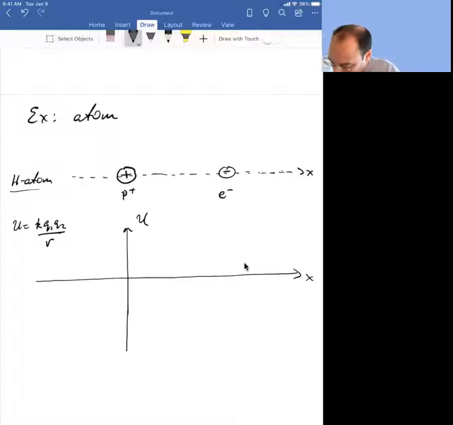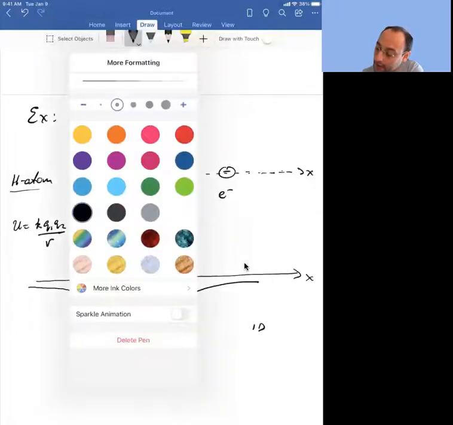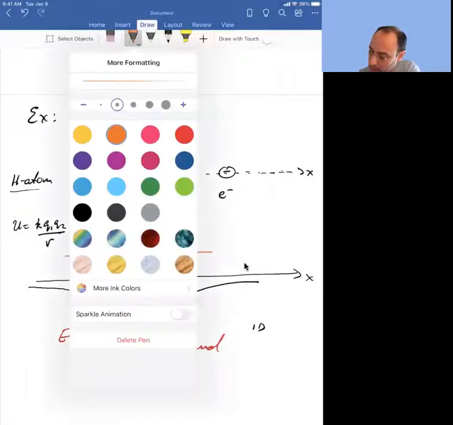And so that potential energy looks like this. And the same thing on this side. I'm drawing this in 1D. And looking at this potential energy graph, you can tell right away that if energy is below zero, in classical mechanics, you're going to get a bound motion.